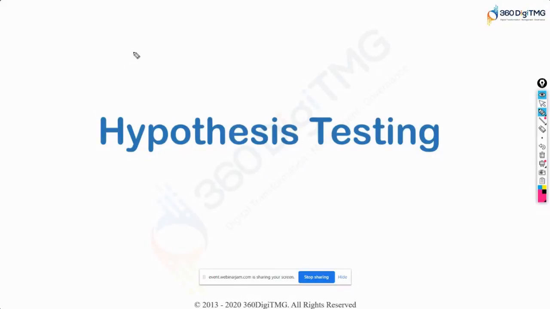So we're talking about hypothesis testing. Hypothesis basically means an assumption. Hypothesis means assumptions. We are making assumptions for a lot of things. Data science is all about estimating an unknown thing.